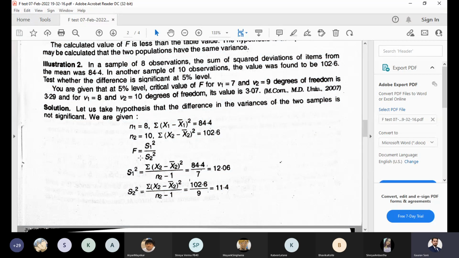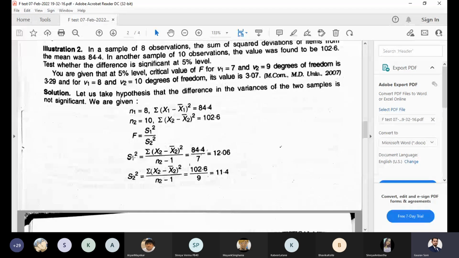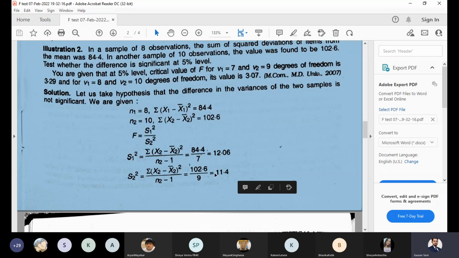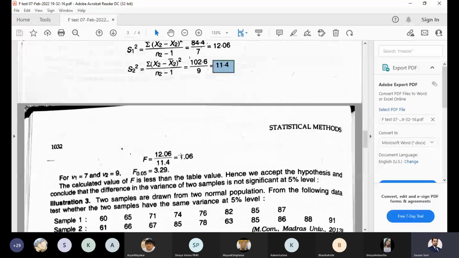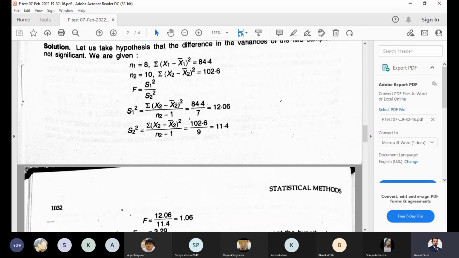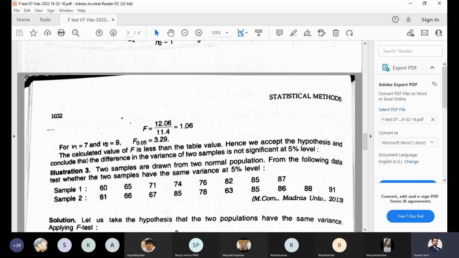So F is s1 square upon s2 square. So s1 square we have got 12.06, s2 square is 11.04. The value of F is 1.06. Now nu1, which is n1 minus 1. The sample size is 8, so 8 minus 1, 7. Nu2 is 9.